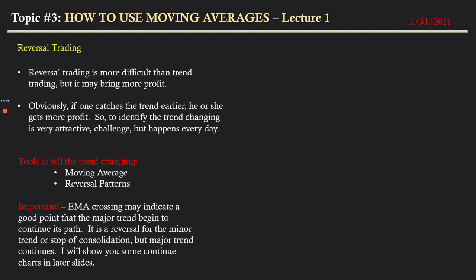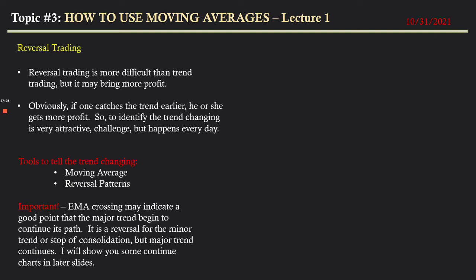This gives you a higher probability to win money, because the major trend will finally bring you profit. Even if the point you get in is not so accurate, the trend will give you profit.